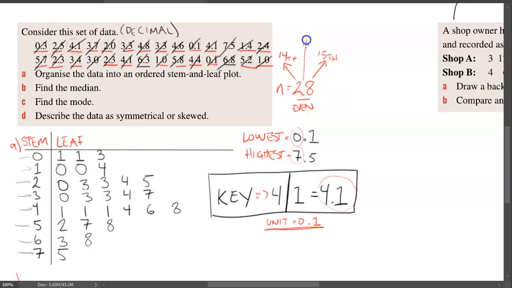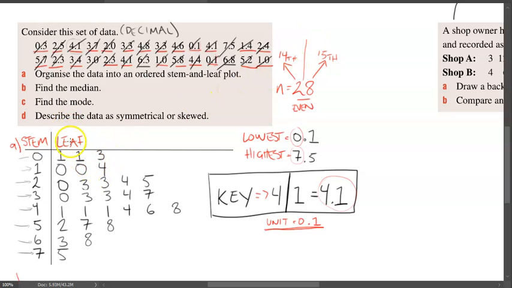So right in the middle will be the 14th value, and we want to look for the 14th and the 15th number. Okay, so 14 and 15 is going to be the median, so we have to take the average of the 14th and 15th.